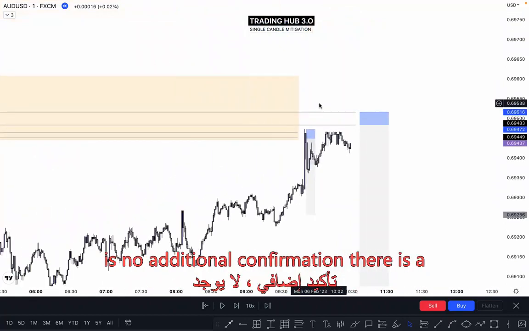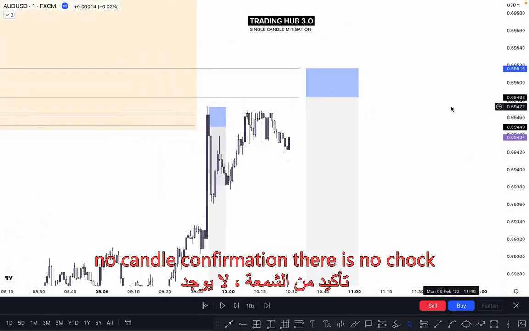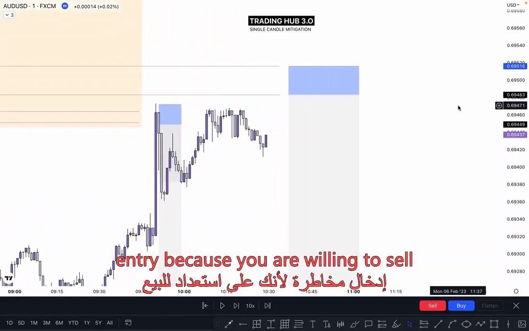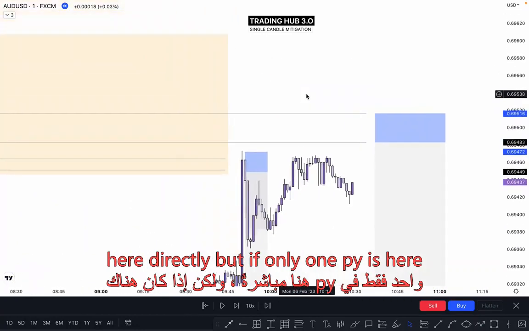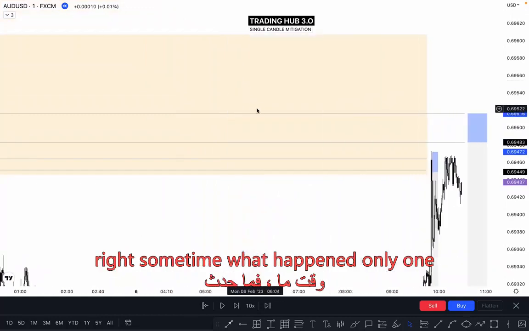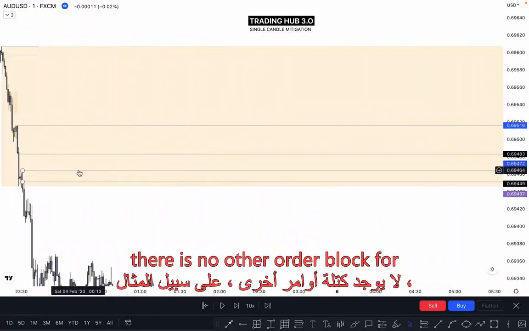There is no additional confirmation, no candle confirmation, no CHoCH confirmation. This one is a risk entry because you are willing to sell here directly. But if only one POI is here, sometimes what happens, only one order block is here, there is no other order block.